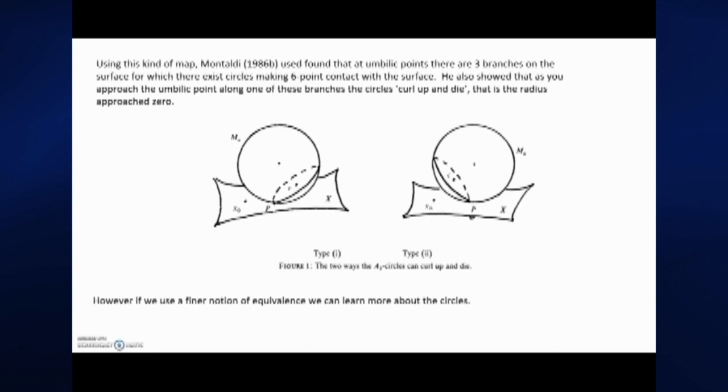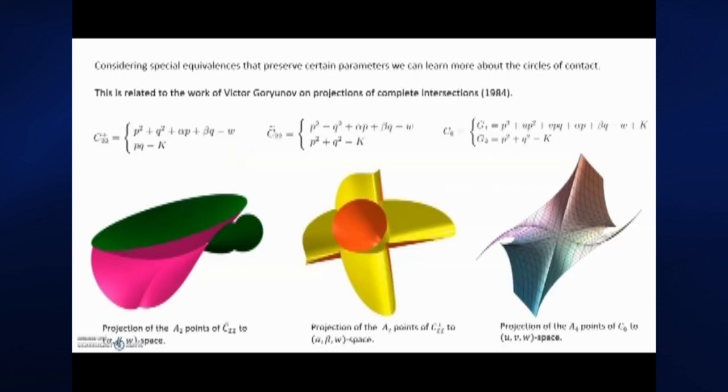However, the contact map only gives us 2 types, I22 and IV3. So if we'd like to learn more about these circles, we can consider the map under special equivalences that preserve certain parameters. And this work is related to the work of Viktor Goryunov on projections of complete intersections.